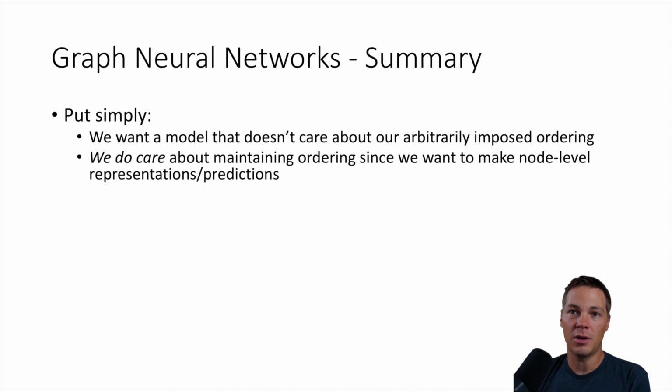So to put all of this simply and take a step back, we want a model that doesn't care about the arbitrarily imposed ordering that we've applied, but we do care about maintaining the ordering because we want to be able to make node-level representations and predictions. So we couldn't have a recipe that shuffled everything up, because then we wouldn't be able to figure out which representation matches which node. So we need to maintain the ordering that we've applied.